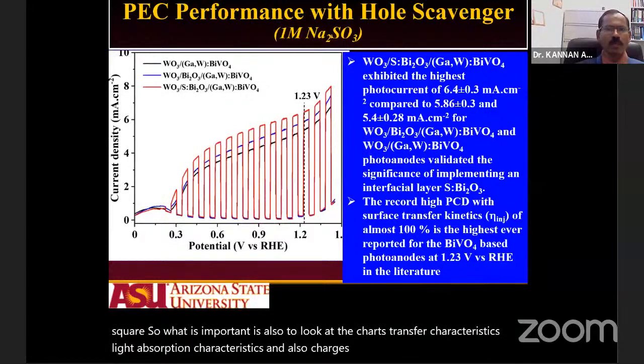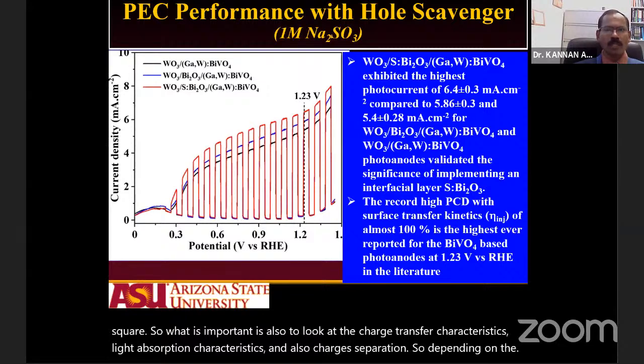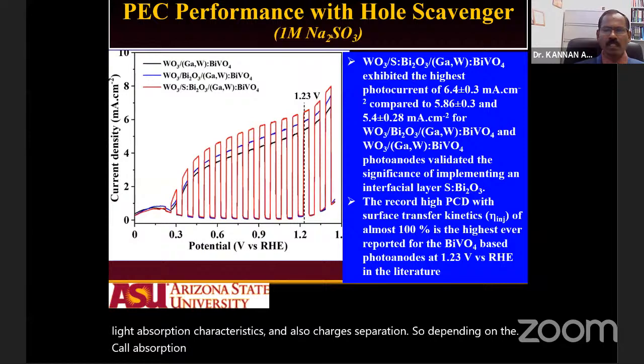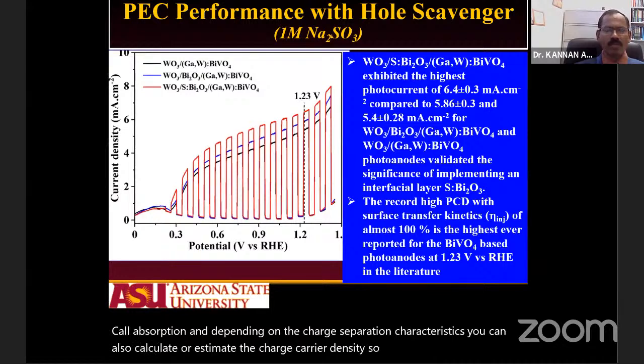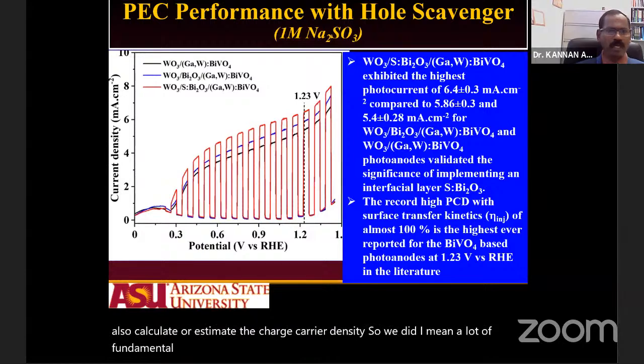Depending on the hole absorption and the charge separation characteristics, you can also calculate or estimate the charge carrier density. So we did a lot of fundamental work to understand the material features and how they perform in the photoelectrochemical cells.